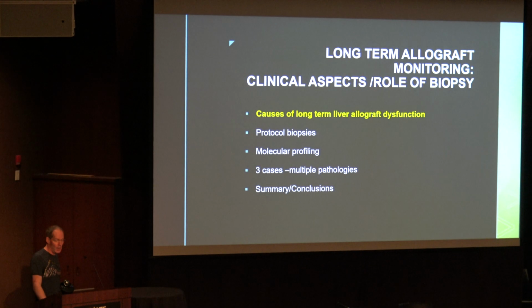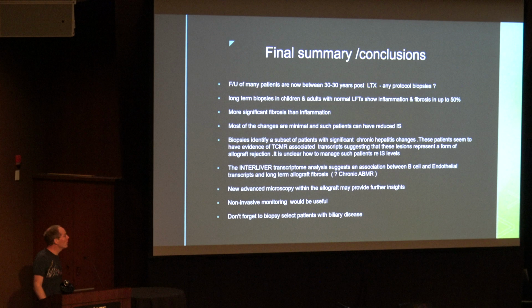He went through the various aspects of analysing the tissue and the challenges that we face. And one of the challenges is getting long-term tissue protocol biopsies of these well-functioning allografts, because there is a significant amount of pathology in them.